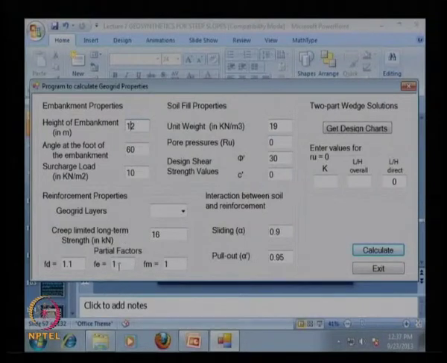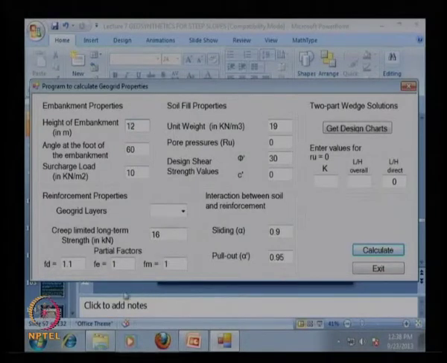Now, these partial factors of safety are called F of D, F of E, and also F of M. They have been taken from the British Standard Code specification, where F of D is 1.1, the partial factor for mechanical damage, F of E is equal to 1, for the environmental damage, and F of M is equal to 1, the partial factor for the manufacturer or the data interpretation.